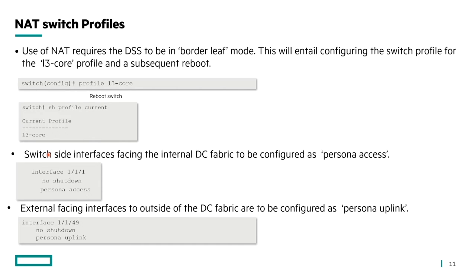On the switch side, the interfaces need to be configured as persona access, as in the example here. And the external facing interfaces, the interfaces facing outside of the DC fabric, are to be configured as persona uplink.